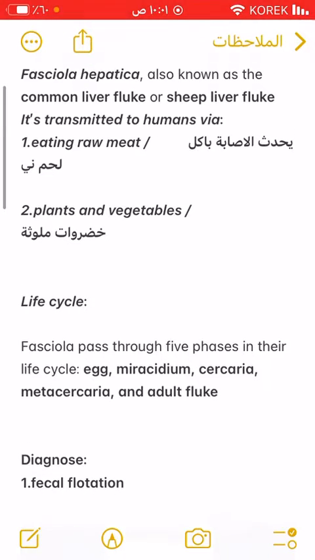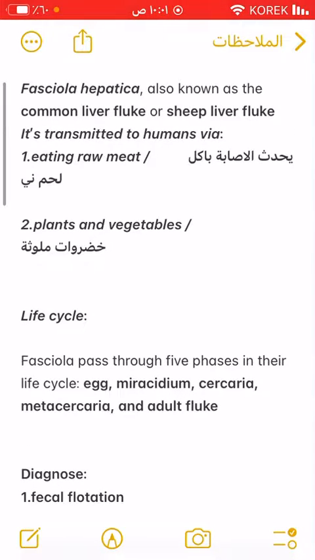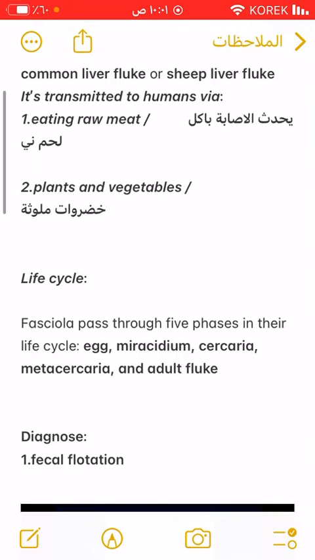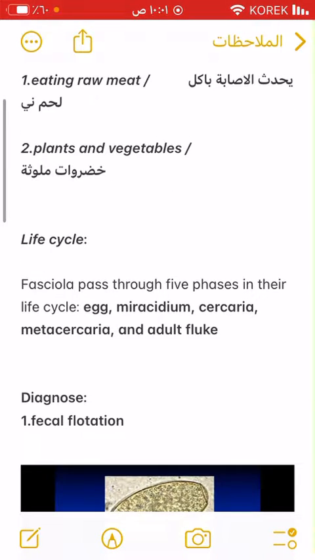You will study the life cycle and you should memorize all of it. You will have an exam, of course, and all the pictures and life cycles of the parasites, morphological and microscopical examination are all included. But for the life cycle, the important thing is the 5 stages of Fasciola hepatica. The first one is egg, miracidium, cercaria, metacercaria, and at the end the adult fluke.